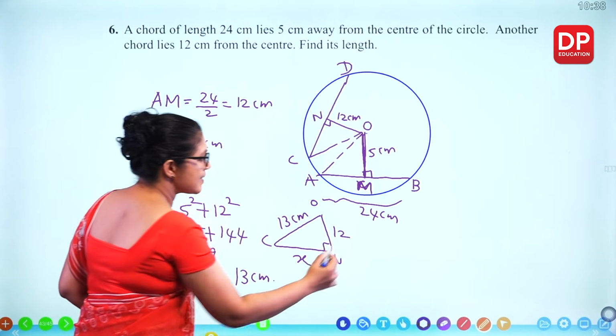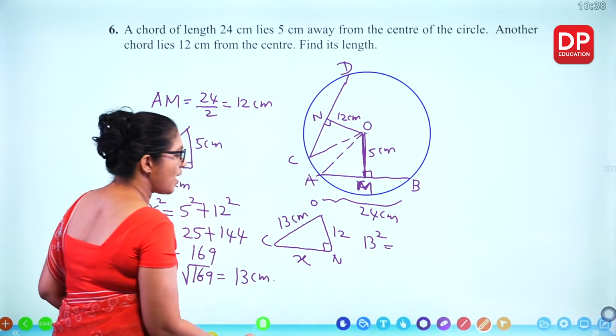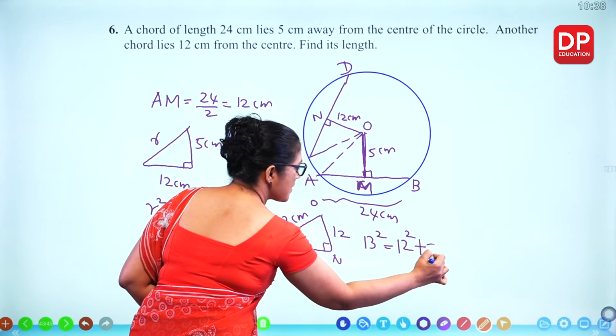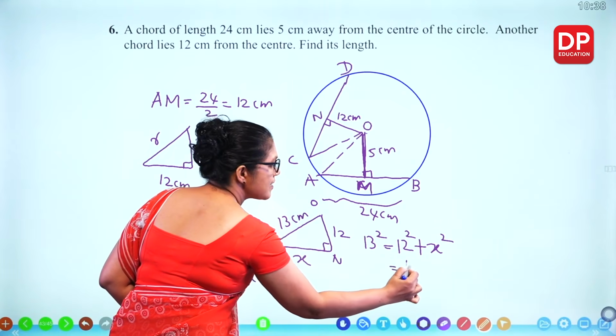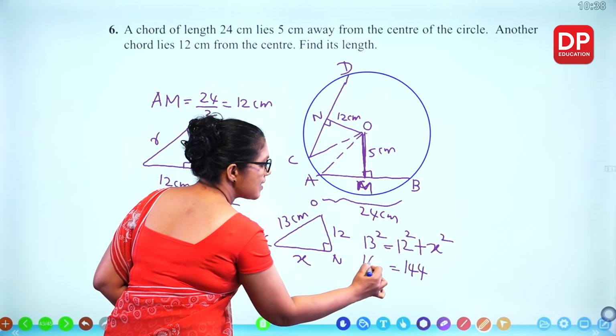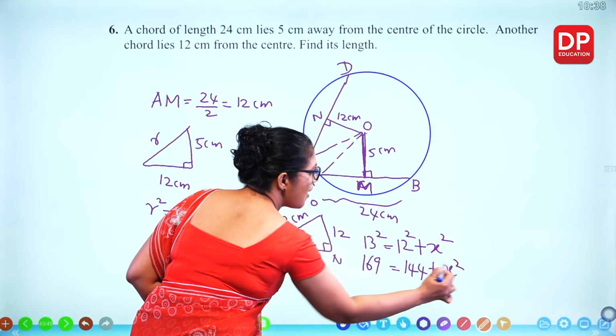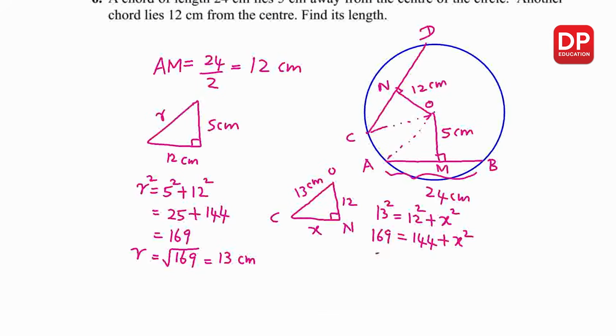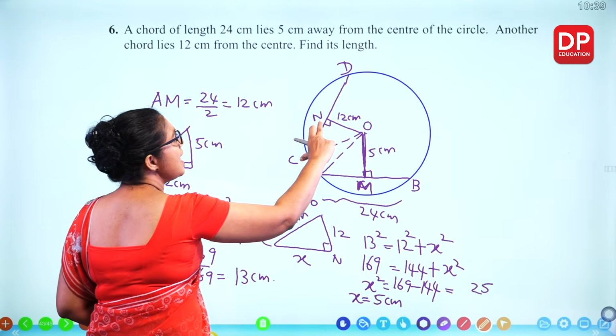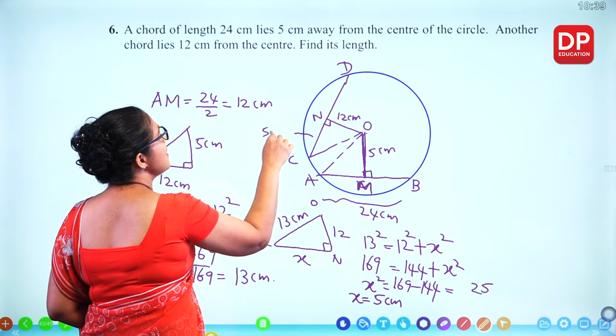So according to Pythagoras theorem, the hypotenuse squared is equal to 12 squared plus x squared. 12 squared is 144. 13 squared is 169. When you take 144 to the other side, you get x squared is equal to 169 minus 144. That's equal to 25. So when you take the square root of 25, you get 5 centimeters. So here we found CN length is 5 centimeters.